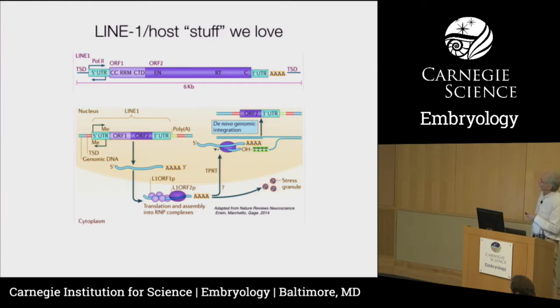And when they insert, they generate a variable length target site duplication. That's an unusual feature of this class of mobile element in that the length is variable rather than fixed, as in most transposable elements. So the life cycle starts out with production of RNA by RNA polymerase II.